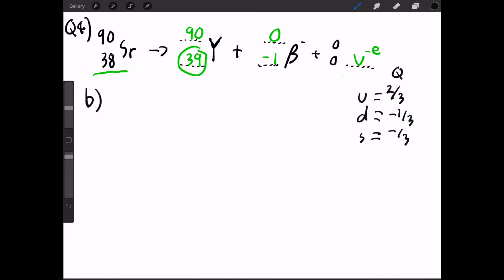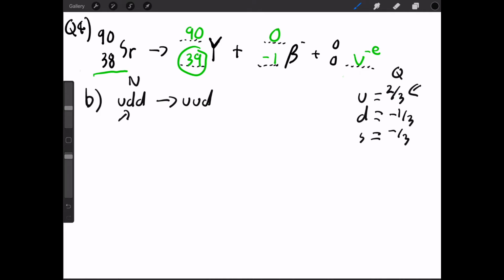This is the charge of the fundamental particles. In beta decay, we have a neutron, which is an up, down, down, changing to a proton, which is an up, up, down. And that makes sense, because if I look at the charge on this, I've got 2/3 and 2 lots of -1/3, so that would be 0. So my neutron has a 0 charge, which we know.